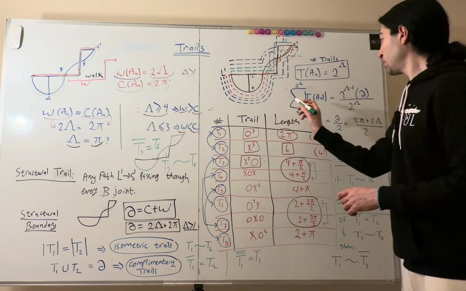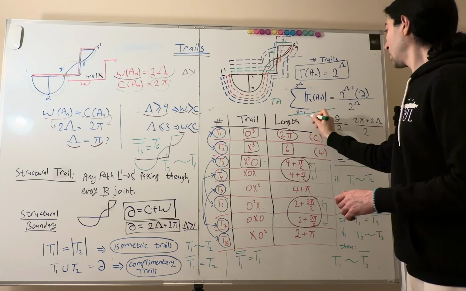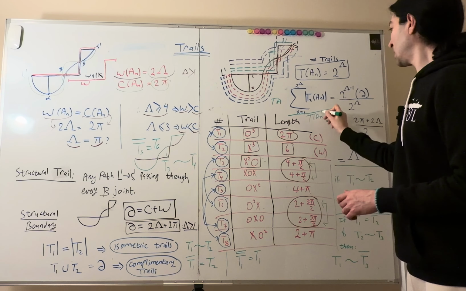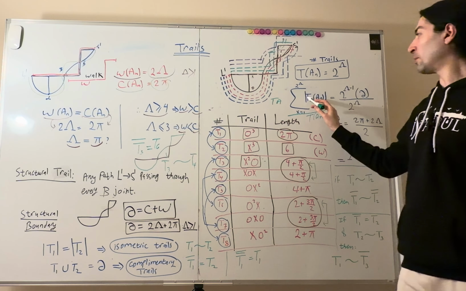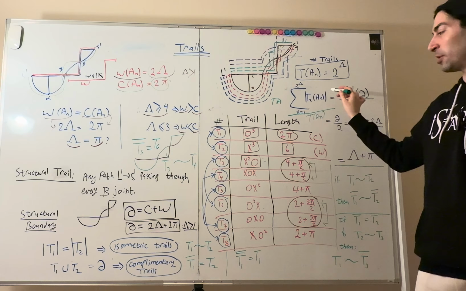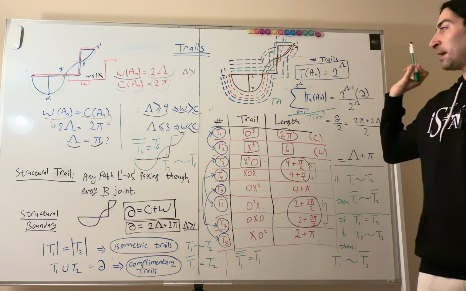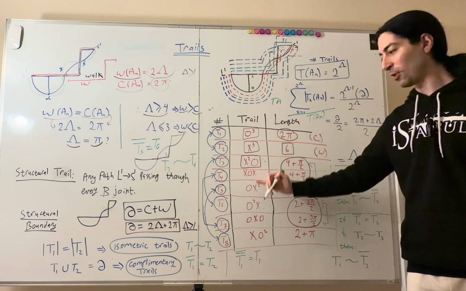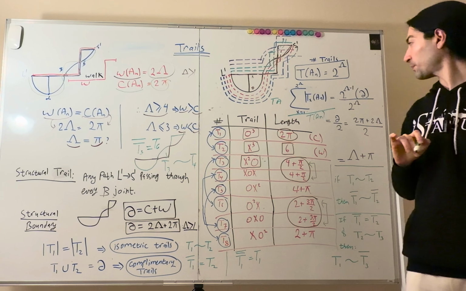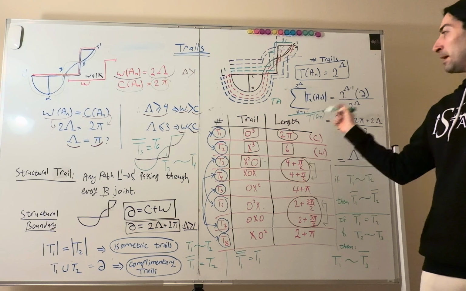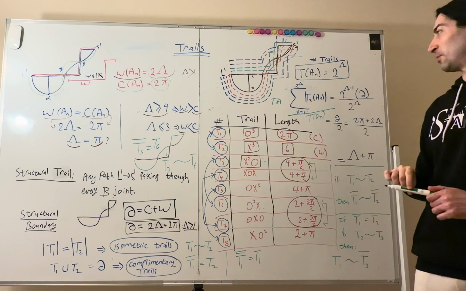We'll say that this would be equal to the sum. Sorry, this is a little messy, but this is the sum of the length of all trails Tx, starting with x equals 1 and ending with the number of possible trails, so that will be 2 to the power of lambda, divided by the total number of trails, which is again 2 to the power of lambda.